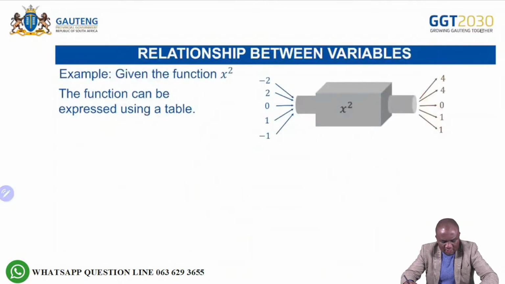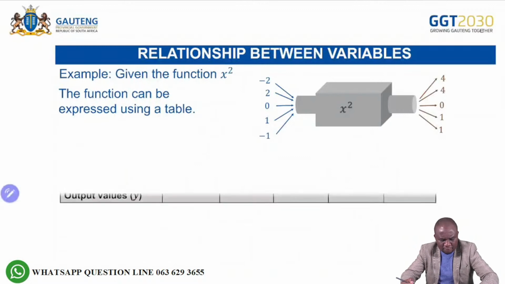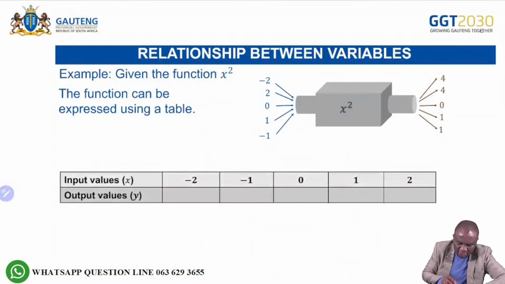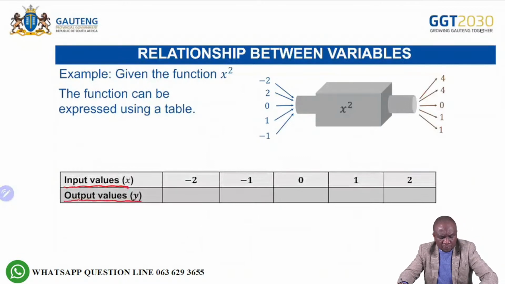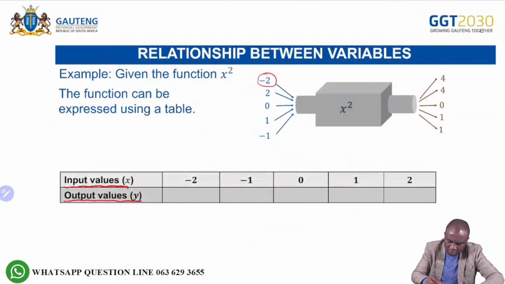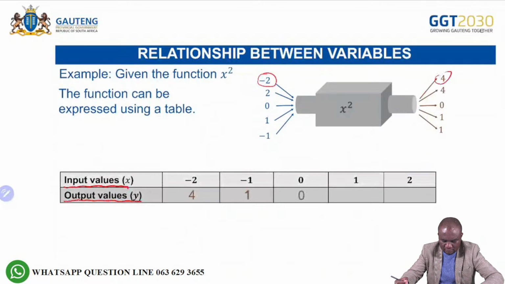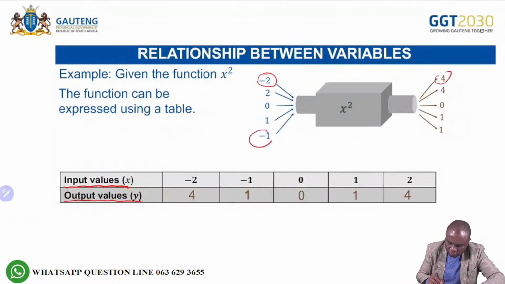The given function can be expressed using a table, the table of values. This is how the table of values will look. We have our input values, which are the x values, and our output values, which are the y values. -2 will give us 4. -1 will give us 1. 0 will give us 0. 1 will give us 1.